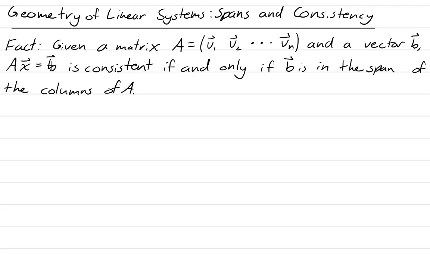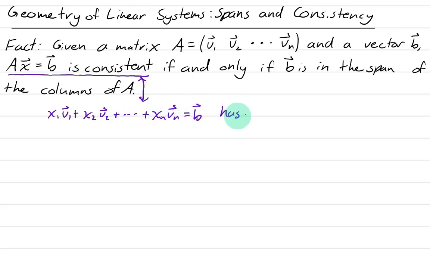To see why this is true, we can take the fact AX equals B is consistent and rewrite it using the definition of AX, which is just a linear combination of the columns of A written as vectors using the entries in X as weights.